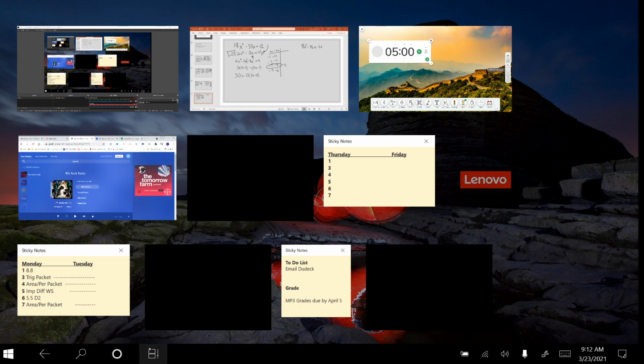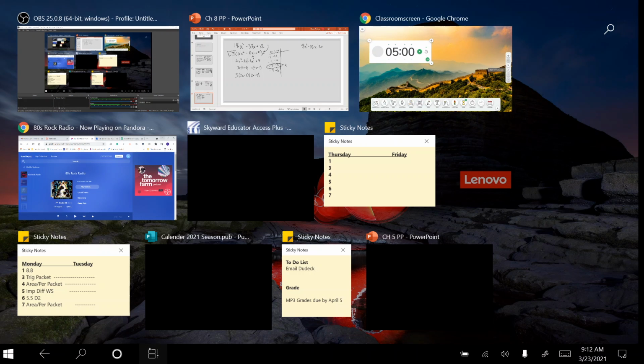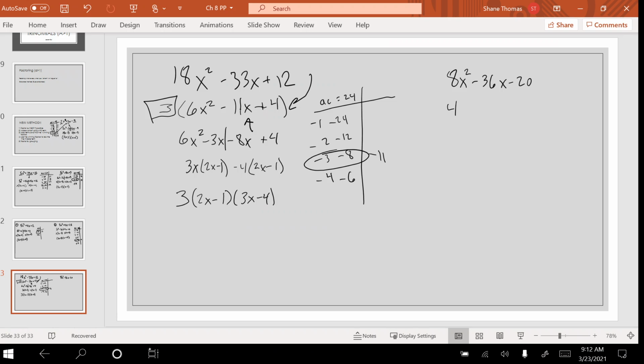So what can we take out of everything in this one? We can take out a 4, leaving me with minus 9x minus 5. Good. Okay, AC. AC is going to be negative 10, correct? Now, this one is a minus minus. Anytime your C term is minus, you have to have one of each, correct?